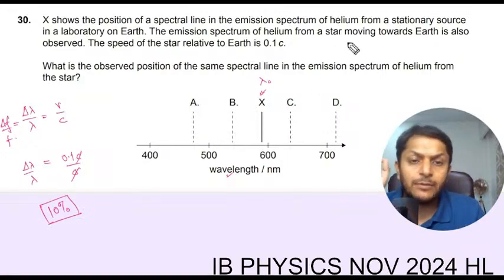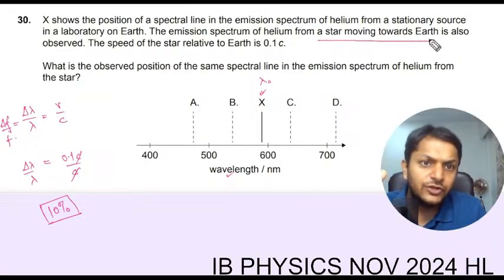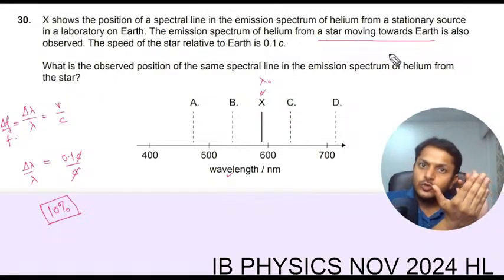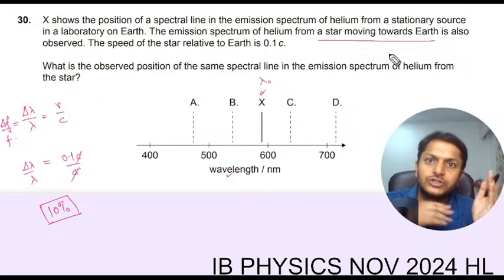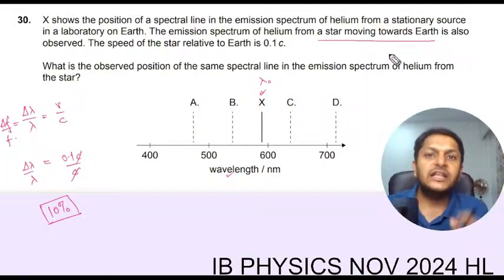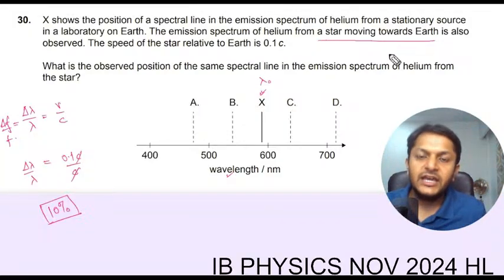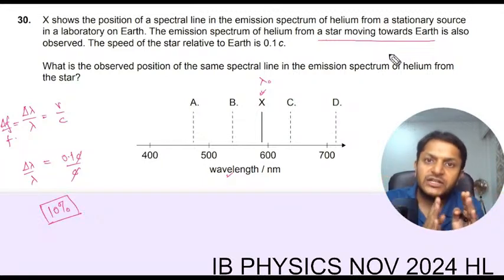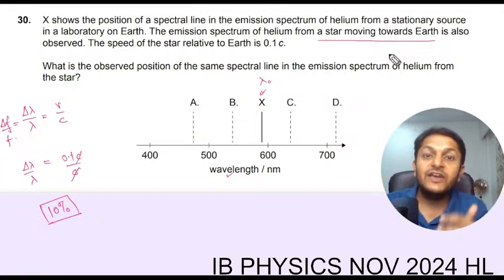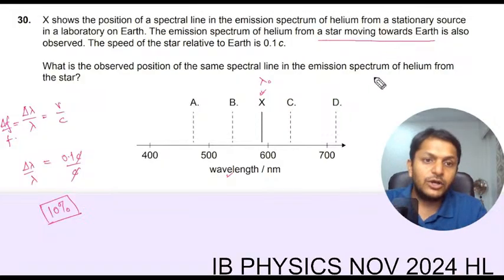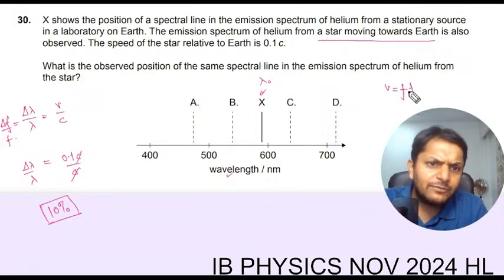So as a matter of fact, when the star is moving towards Earth, the distance between the two astronomical bodies, the source and the observer, is reducing, then the frequency will be increasing. As a thumb rule, if the bodies are moving closer to each other, the frequency is increasing. It means wavelength is decreasing, because v is equal to f lambda.